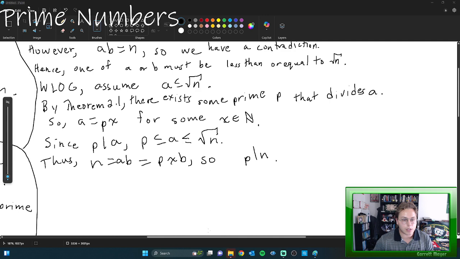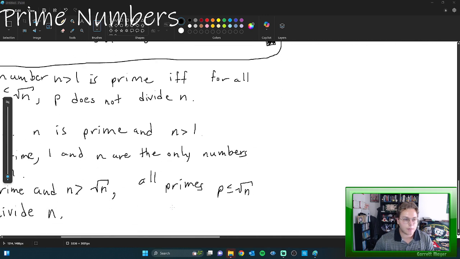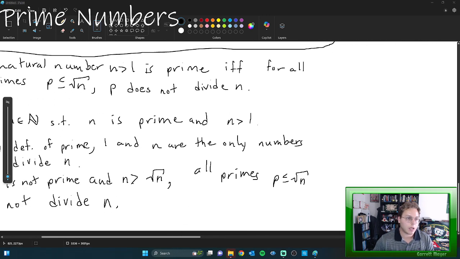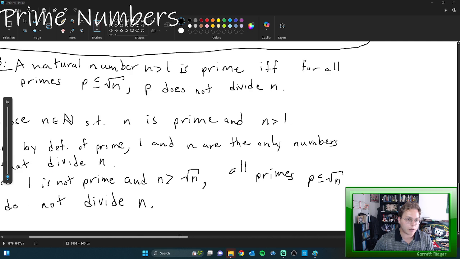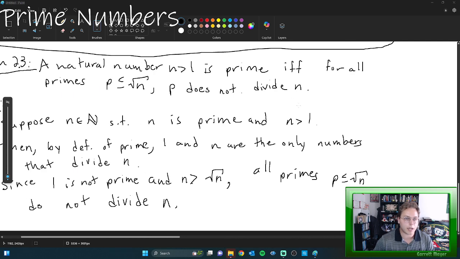So what that shows us is that basically, if there is a composite number n, then there exists some prime p such that p divides n. Now, by contrapositive proof, what that shows us is that if for all primes p less than or equal to the square root of n, p does not divide n, then that natural number n greater than 1 is prime.